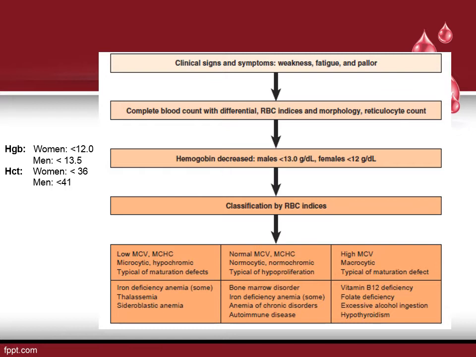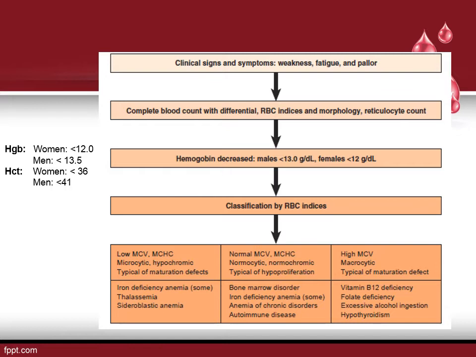Examples of bone marrow disorders are aplastic anemia and Fanconi anemia. Next is iron deficiency anemia. However, iron deficiency anemia is normally seen as microcytic and hypochromic, but some cases can be seen as normocytic and normochromic, especially in acute blood loss. Also anemia of chronic disorder and autoimmune disease.